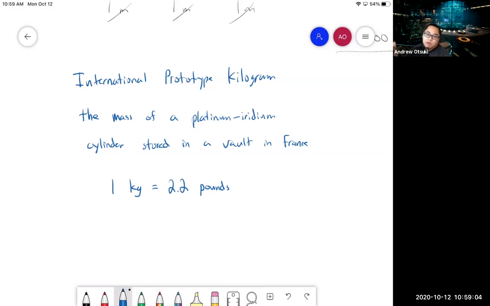If you need this conversion on a quiz or exam, I'll probably give it to you, because this is not a metric unit. It's a U.S. unit that comes from the metric unit, but it's not part of the metric system. So don't worry about these types of conversions. I will at least provide them for you. Okay.